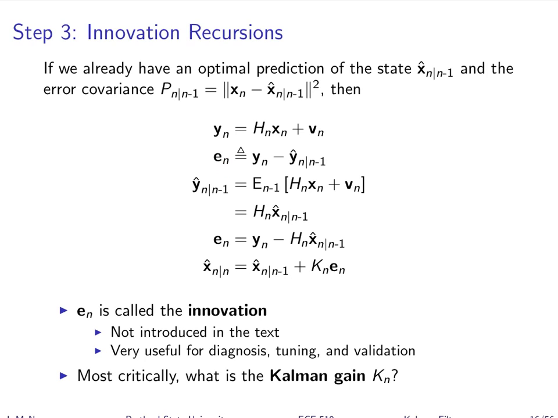The innovation is the difference between the true measurement and your predicted measurement. If things are going well, then that innovation process is white. This is the single most useful tool you have for tuning the Kalman filter to your data.